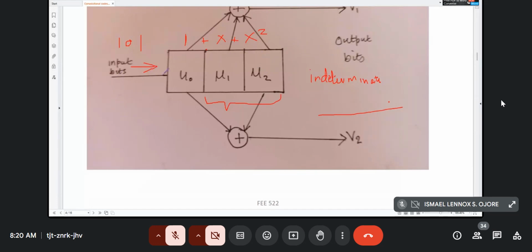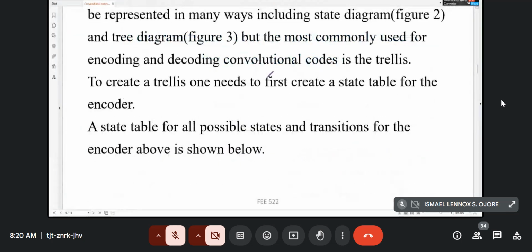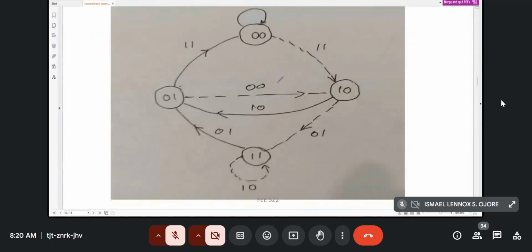Whenever you put in a bit, it adds to the state and gives you an output. It is a code with memory. So you can represent it as this. These are the states, 0 0.